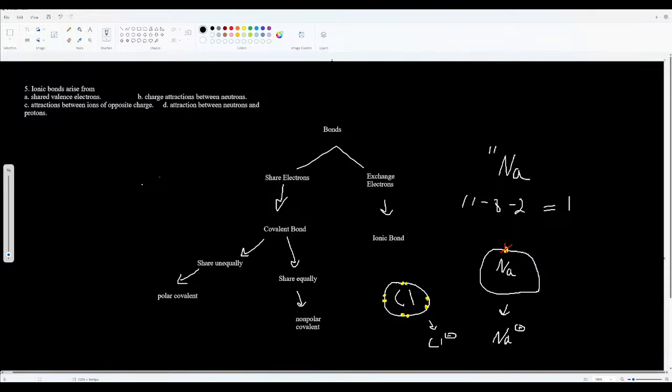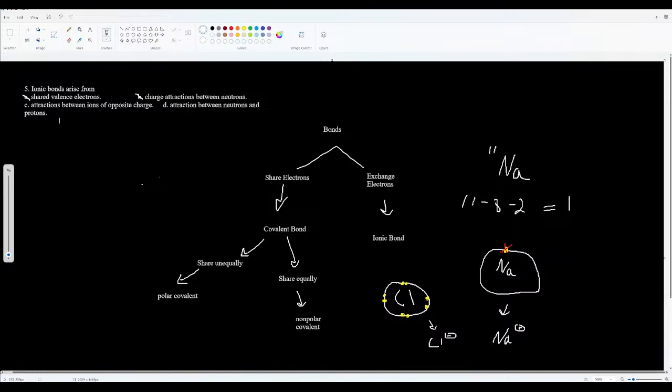So once again, super long explanation for one question. Ionic bonds arise from not shared valence electrons, because remember this flow chart that we have going on here. It's through an exchange, right? So not shared attractions between neutrons. Well, once again, neutrons cannot attract anything because neutrons are neutral.